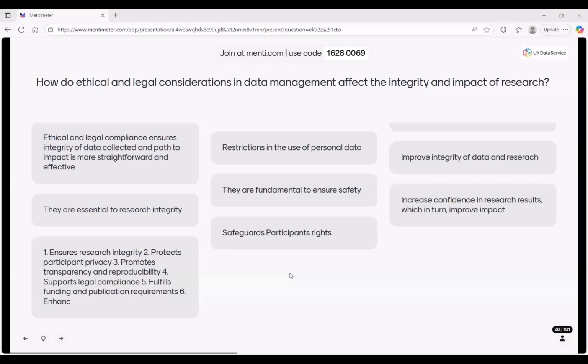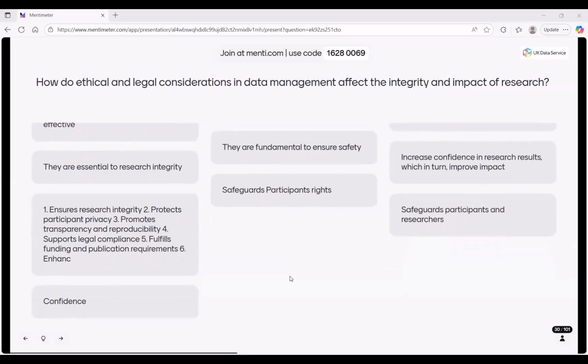They let you or others reuse your content, acknowledging your work, your hard work, and so if you break these laws, your research could face legal action and withdrawal of funding. So yeah, these are some of the consequences. So that is really important, and it does protect participant privacy, promotes transparency.